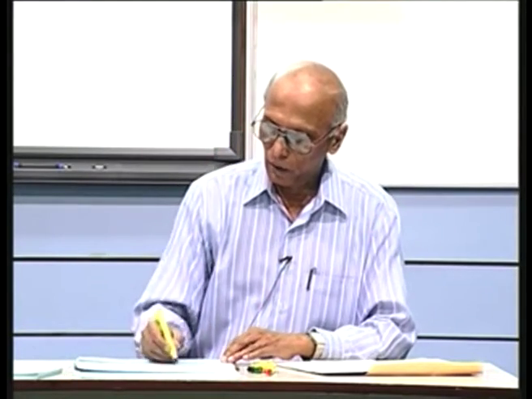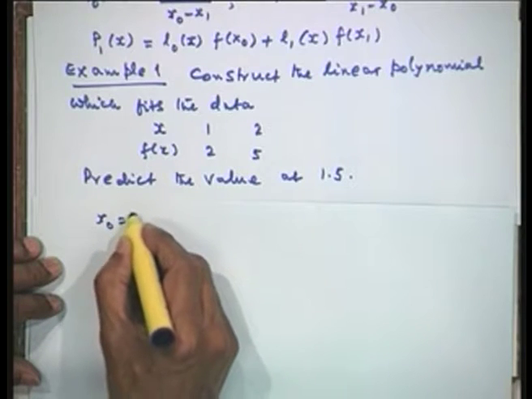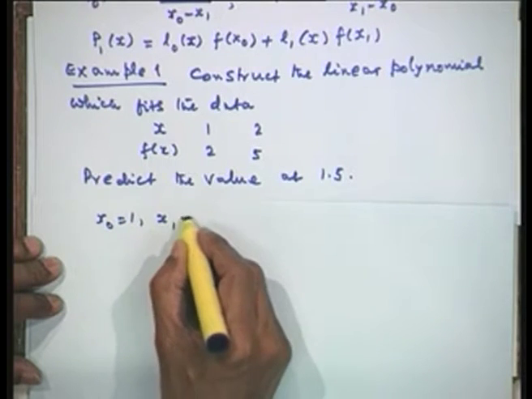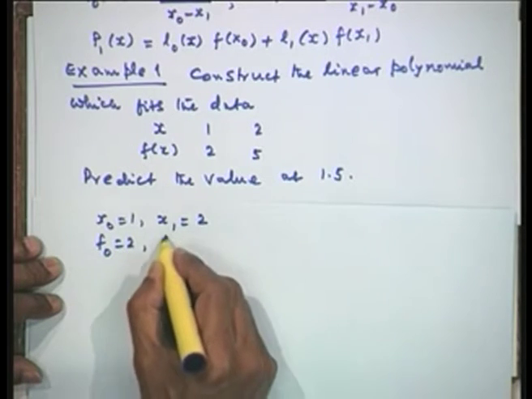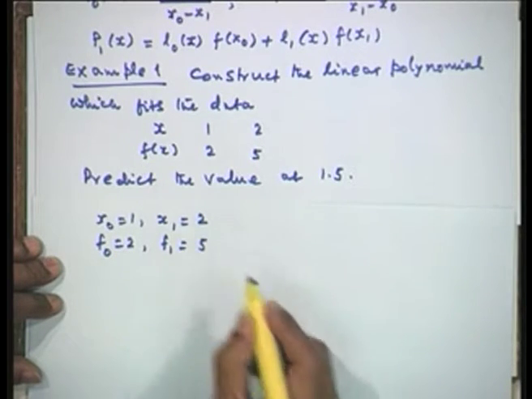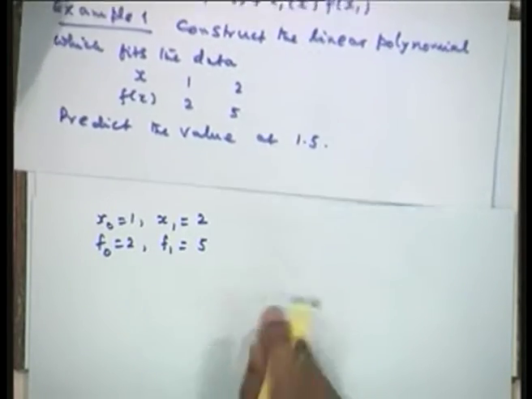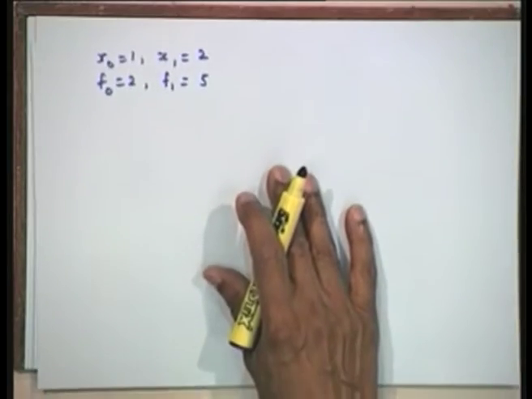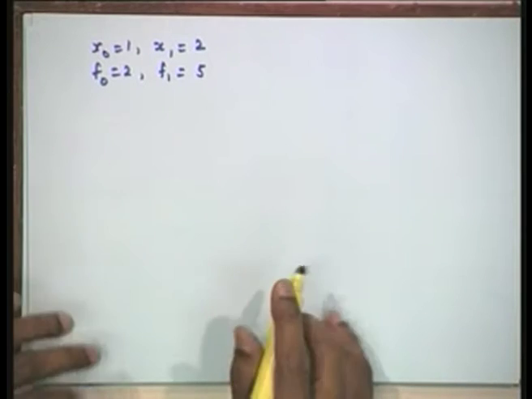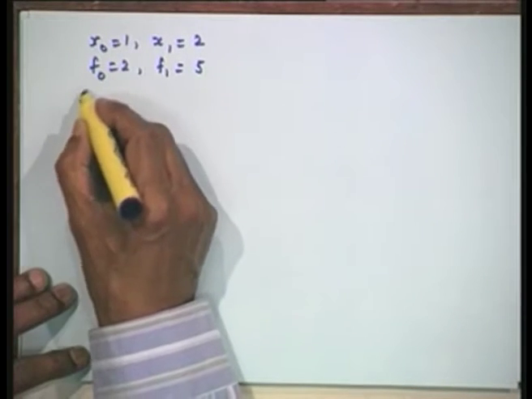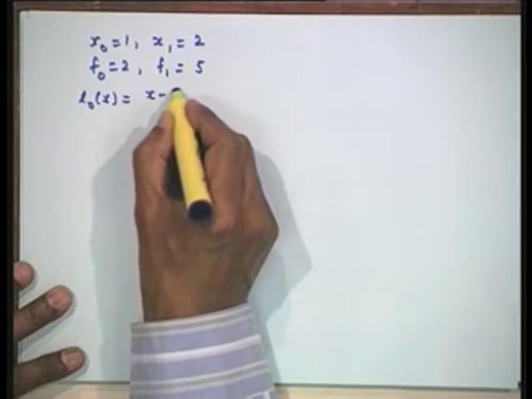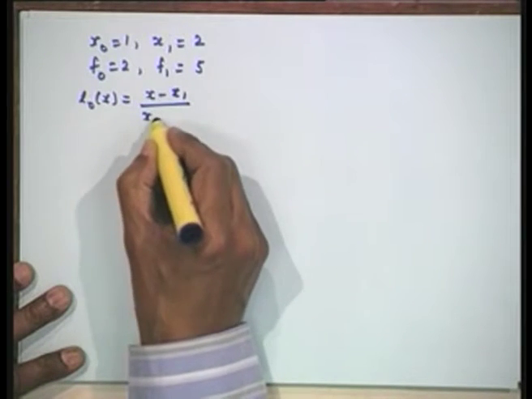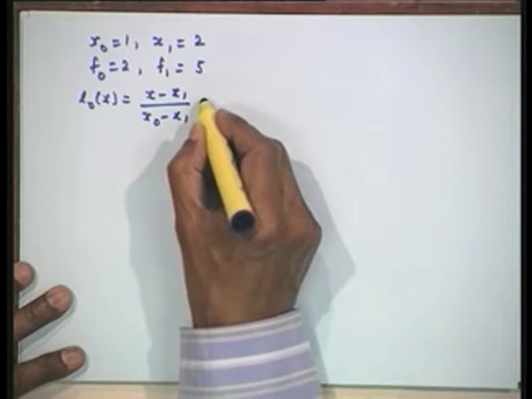Now, here our x0 is 1, x1 is equal to 2, f0 is 2, f1 is equal to 5. Therefore, our L0(x) is, let us write down the formula again, x minus x1 divided by x0 minus x1.